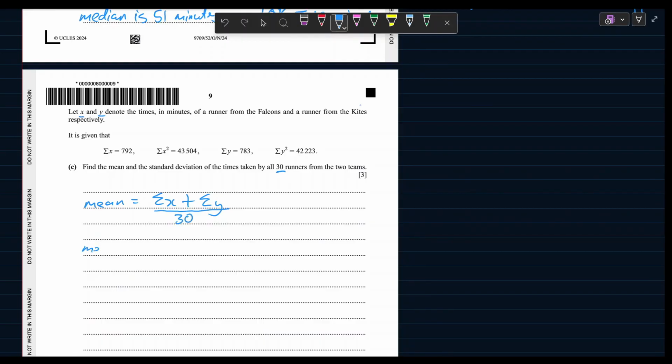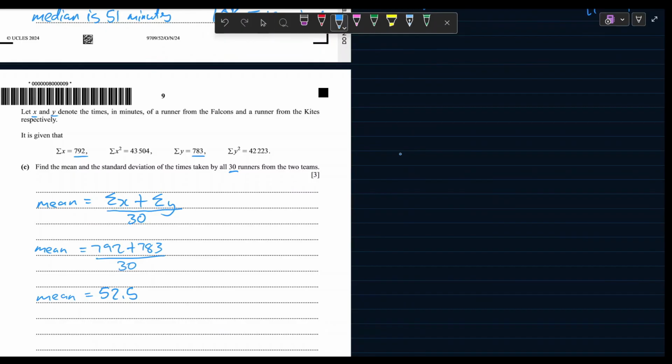So our mean is 792, that's our summation of X, plus our summation of Y, 783, over 30. That gives us 52.5. And now we also need to find our standard deviation.